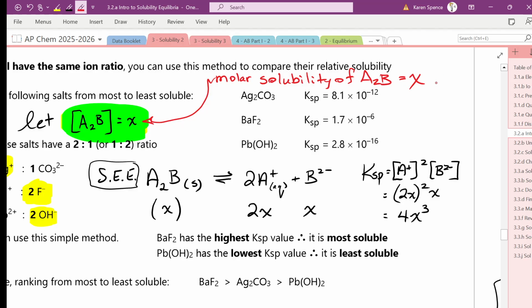Okay, and when we say X, that's going to be X molar. Yes? All of these things are molar. So anytime you have an A2B salt, you're going to know that KSP is equal to 4 times the solubility cubed. Yes?